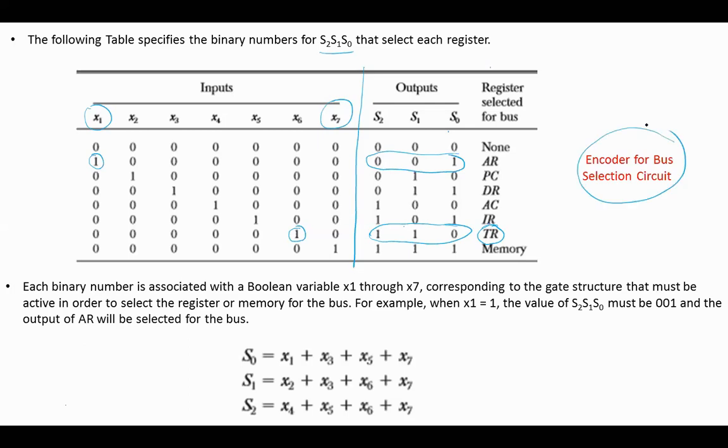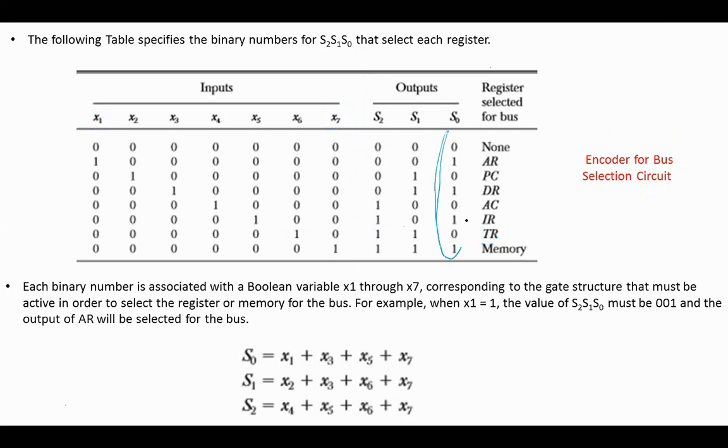This table can be used as a truth table for an encoder for the bus selection circuit. From the table, S0 equals X1 or X3 or X5 or X7, and S1 equals X2 or X3 or X6 or X7, and S2 equals X4 or X5 or X6 or X7.